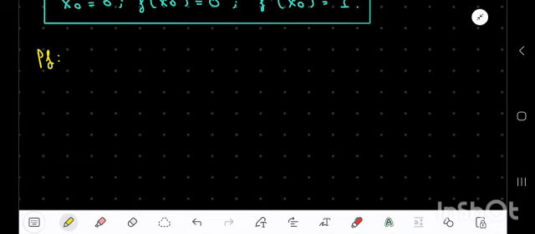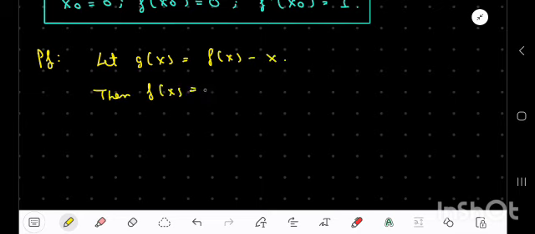Okay, so let g of x be f of x minus x. Then we can see that g of 0 is 0, fine, g prime at 0 is also 0.